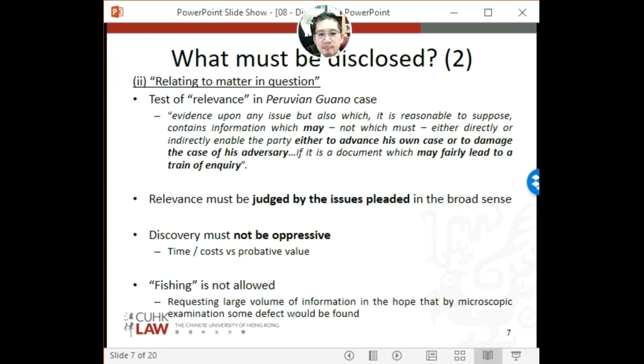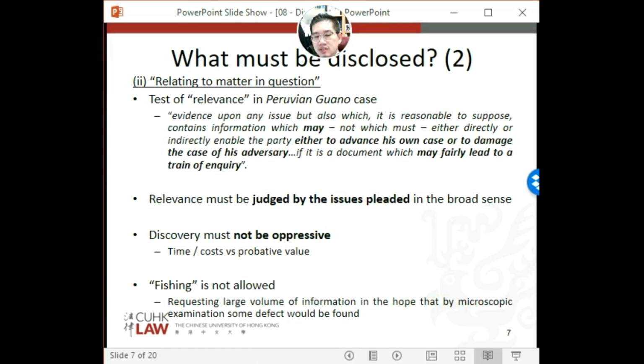Discovery must not be oppressive. If a certain class of documents being asked to be disclosed is just too much, or maybe spans too many years, it might cost too much time and money to provide discovery.